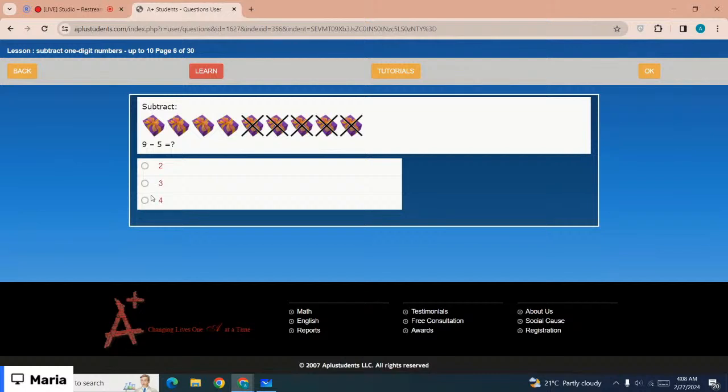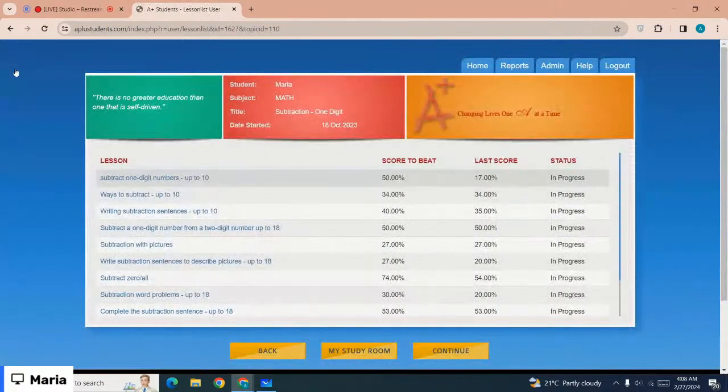The correct option is 4. Okay, you can complete the lesson by yourself later today. Let me just move on to the next lesson, that is ways to subtract up to 10.